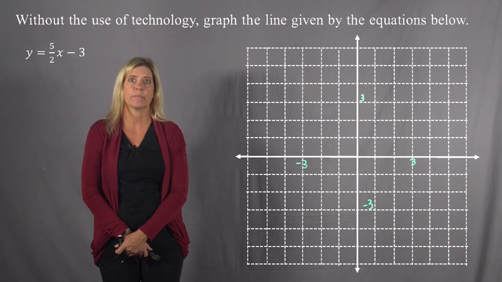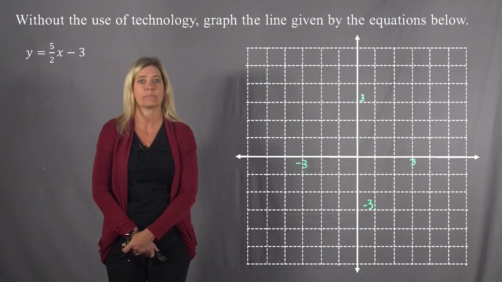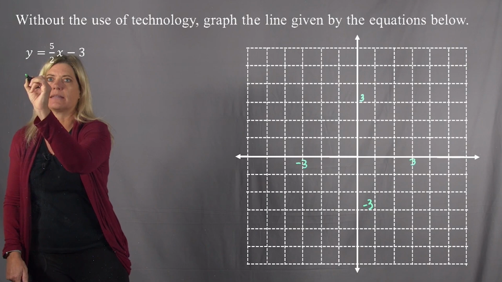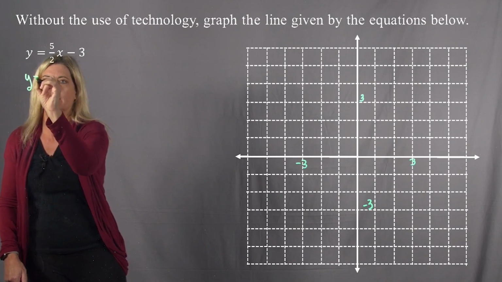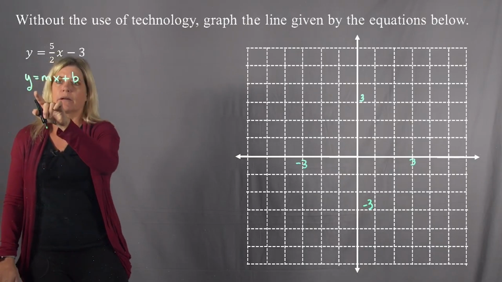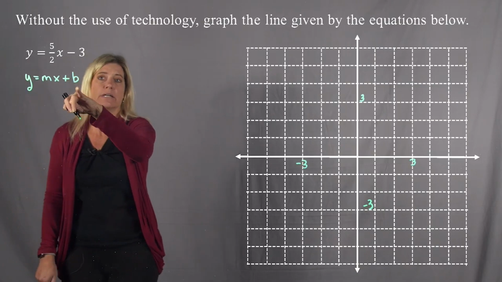In this problem, without the use of any technology, we want to graph this line y equals 5/2 x minus 3. So when I look at this, I can see that this is of the form y is equal to mx plus b. Okay, so the y is isolated, I have an x term, and then I have a constant term.